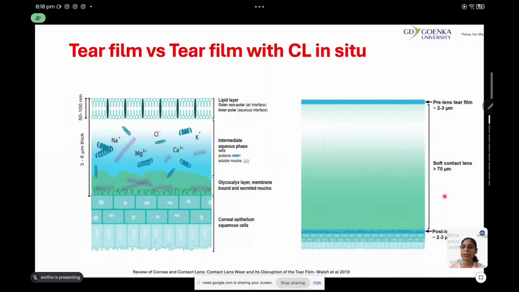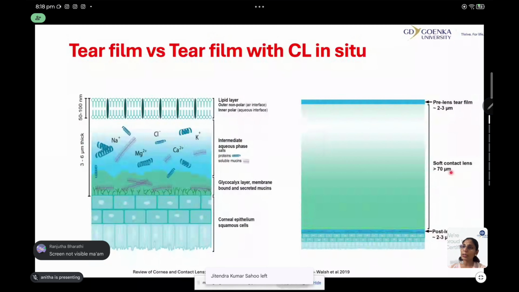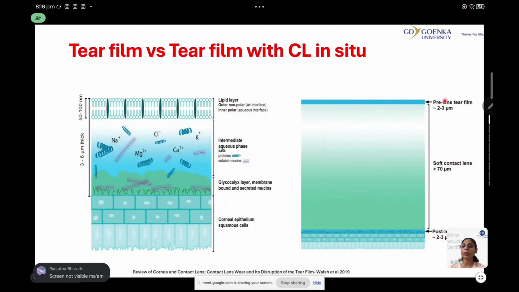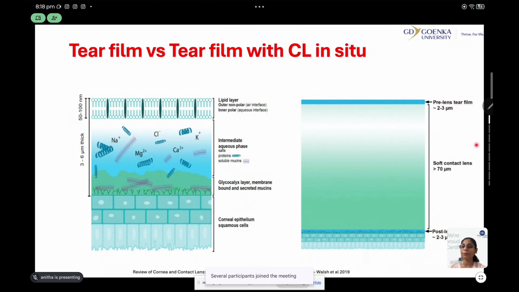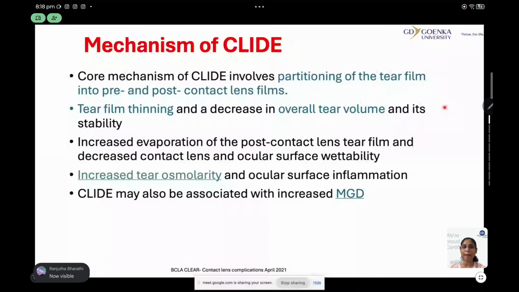So you see this region which I am directing, that is a soft contact lens. It is roughly around 70 microns, okay? And that splits the tear film into the pre-lens tear film and the post-lens tear film. So the entire thickness of the tear film gets split into two, the pre-lens tear film and the post-lens tear film, which is roughly 2 to 3 microns. Okay, so this is what happens.